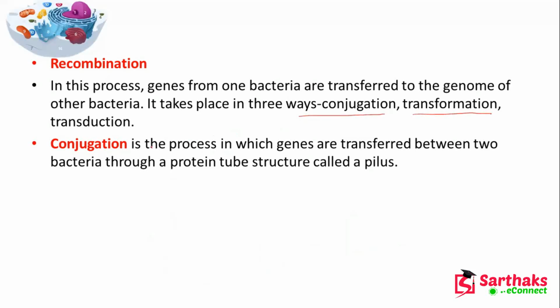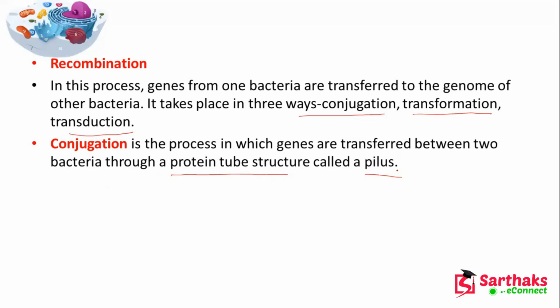Conjugation is the process in which genes are transferred between two bacteria through a protein tube structure called pilus.